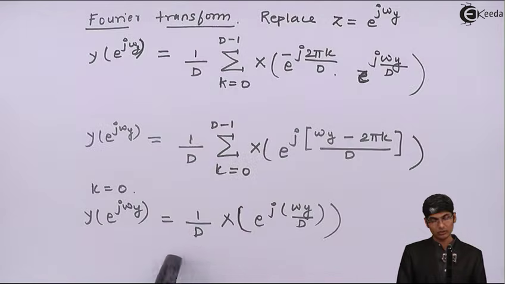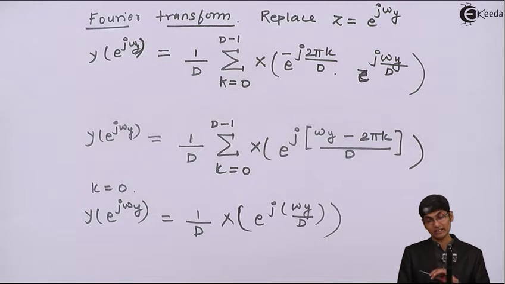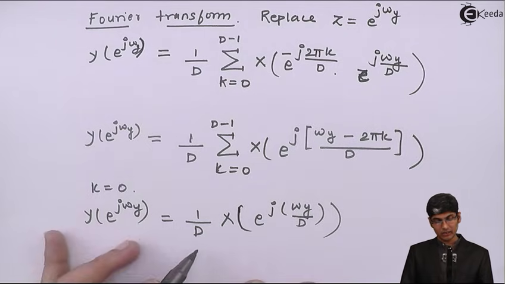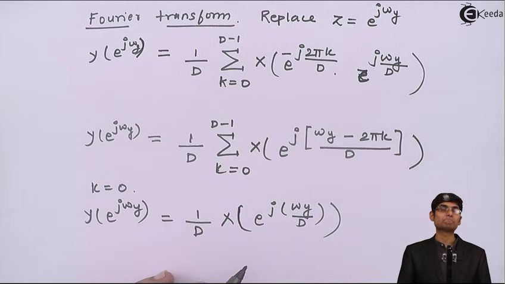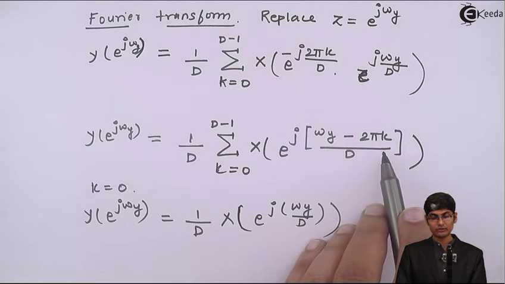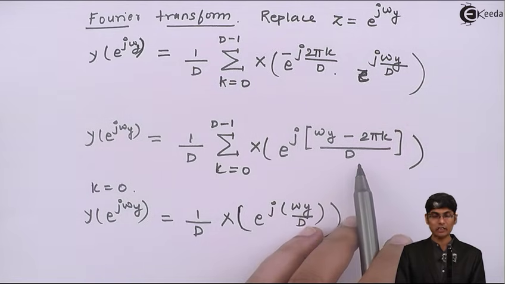So this shows the spreading of the signal, or the effect of the shifted replicas of the spectrum. And then you see that the magnitude has been reduced by d. So all these things we can observe. We have shifted replicas of x, the input signal, by a factor of 2 pi k by d.